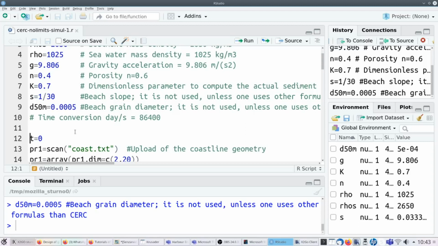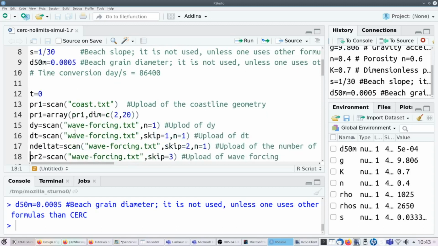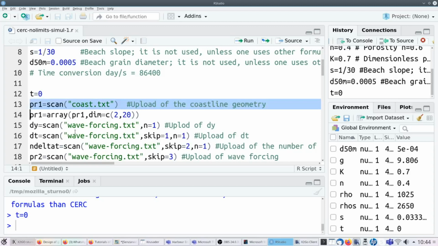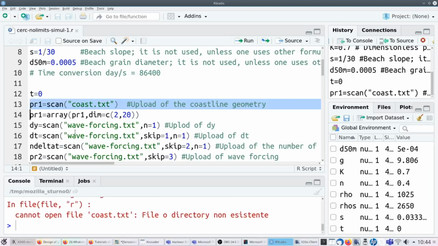instructions to scan the data. And let's first of all scan the coastline geometry. First there is an initialization of t equals 0. This is used later, but let's define it. And then let's scan the file coast.txt. I scanned it.